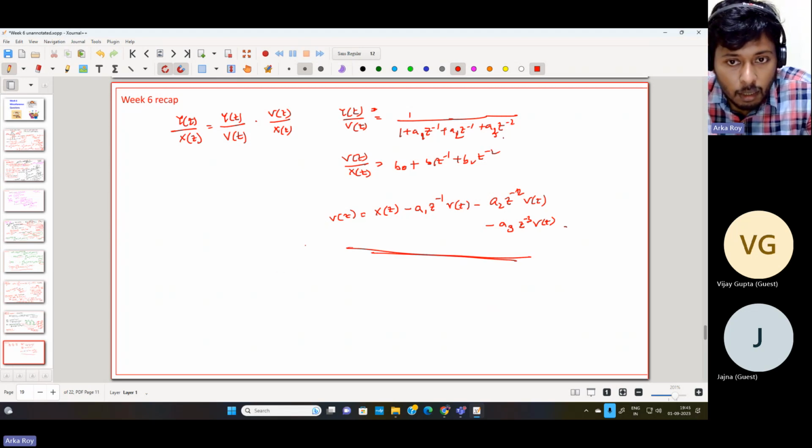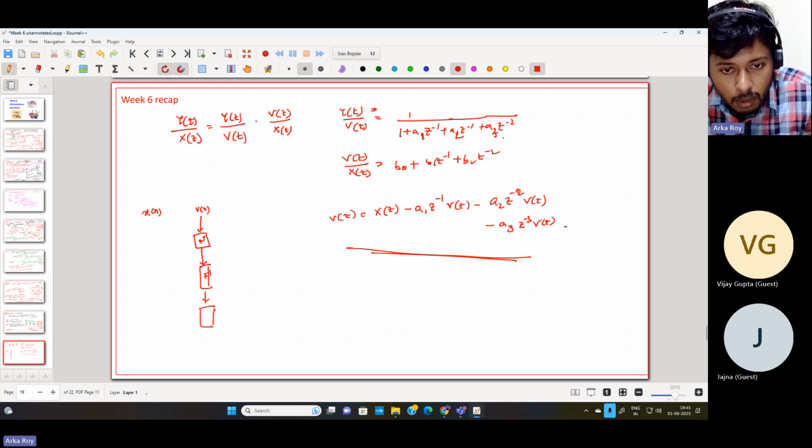So I can consider input x(n) somewhere over here, and let us consider we have a v(n). So v(n) will be passed through a delay z to the power minus 1. Again, it will be passed through a delay z to the power minus 1. Again, it will pass through another delay that is z to the power minus 1. So this will lead to v(n) into z to the power minus 3 at this particular location.